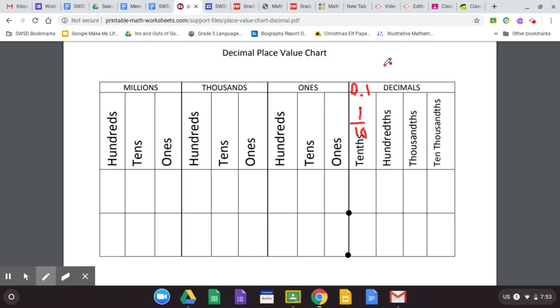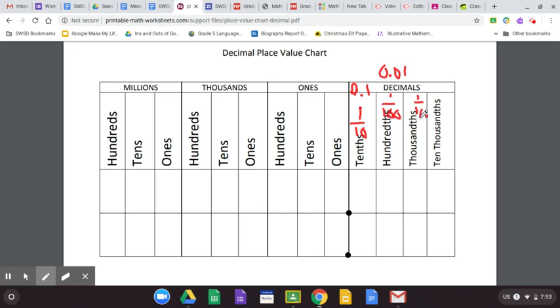So this one is 1/100th. And then this one is 1/1000th. Decimals have THS on the end of them, and whole numbers do not.